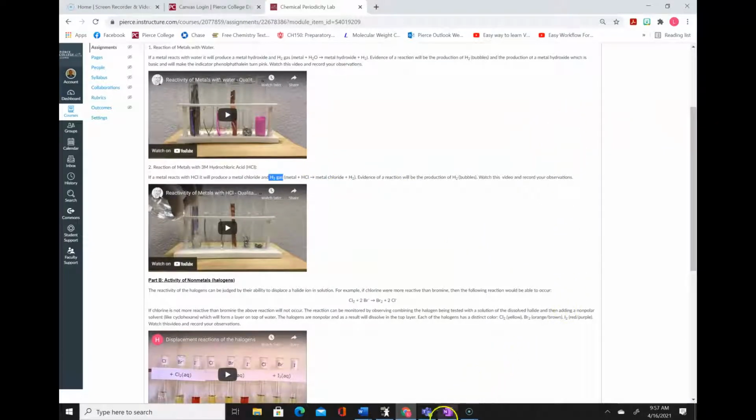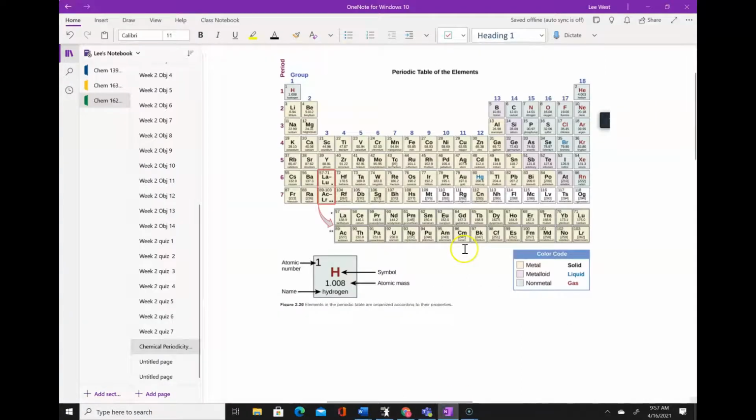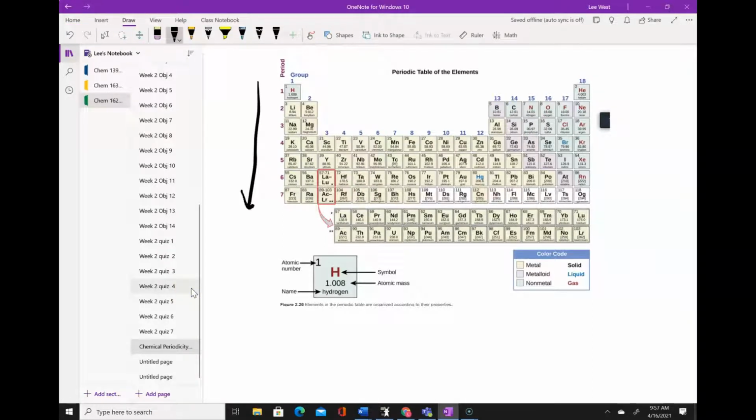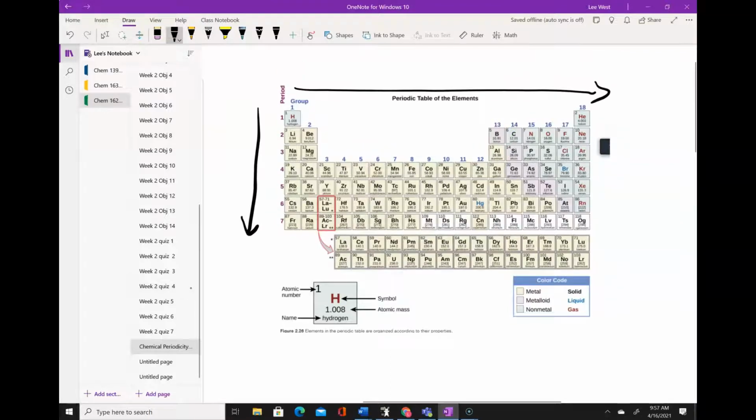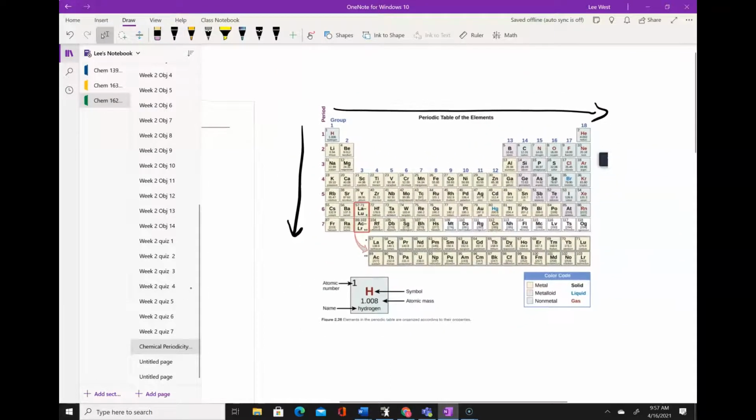But first of all, I just want to keep in mind our strategy here. We're looking for trends on the periodic table. So we really want to be observing what is going to happen as far as reactivity as we head down a group and as we head across a period. Can we see any patterns there?